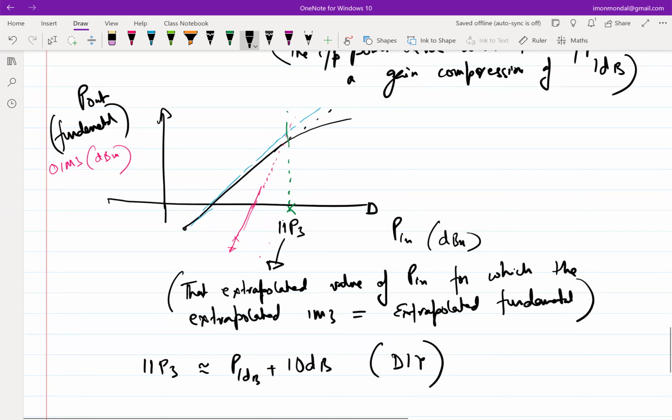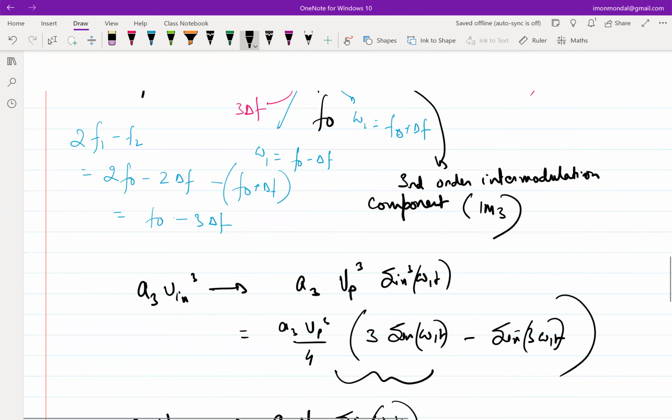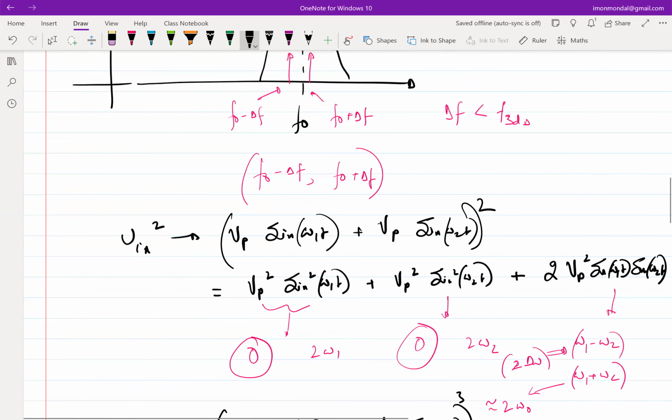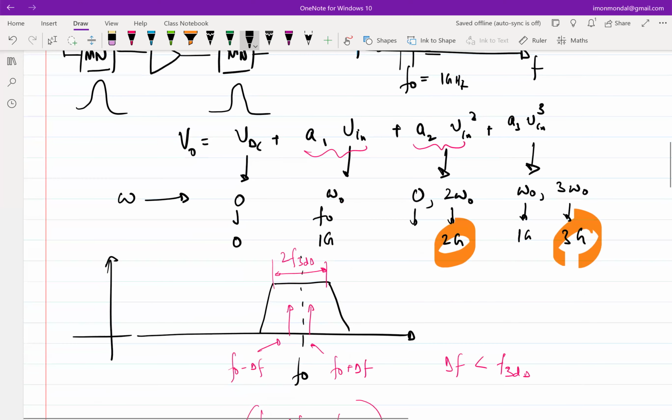So clearly in this formulation, it will go as a 3 dB per dB line, because we have limited our expansion to A3V cubed. But let's say I have A3V cubed and A5V to the power 5. Then you are going to get one term which is squared times cubed. So they will fall back on the fundamental, omega 1 and then omega 2 to the power 4. Right? So 4 minus 1 will be 3.